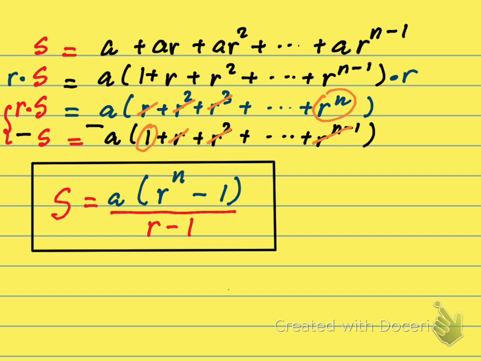And here we go, the right side is the formula of the sum of all the terms in a finite geometric sequence. We already proved this is a good formula to use if we have a finite geometric sequence and we want to find the sum of all the terms.